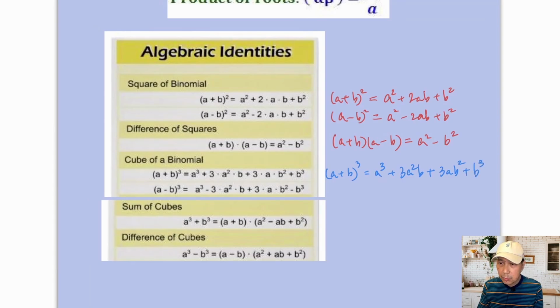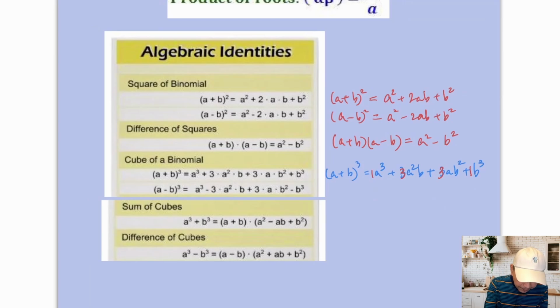Remember this formula, we should keep in mind the patterns of the coefficients and the degrees. The coefficients are 1, 3, 3, 1, and the degree of A decreases, while the degree of B increases.